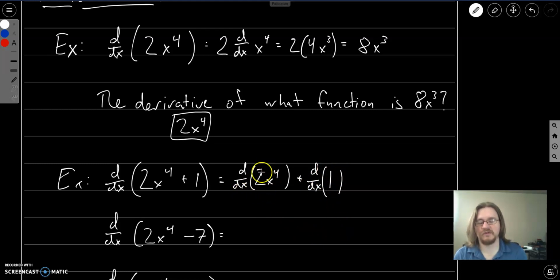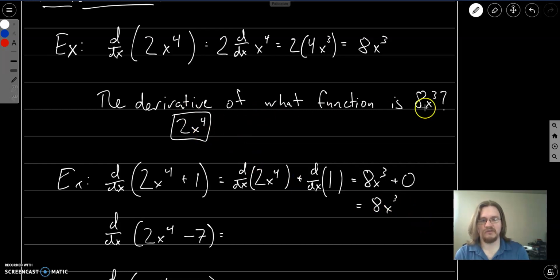So here I've got the derivative of 2x to the fourth, which we already computed is 8x cubed. And then the derivative of 1, well, 1 is a horizontal line, and it has slope 0, so the derivative of any constant function is just 0. And what is 8x cubed plus 0? That's just 8x cubed.